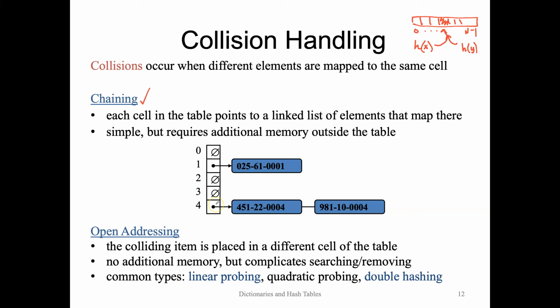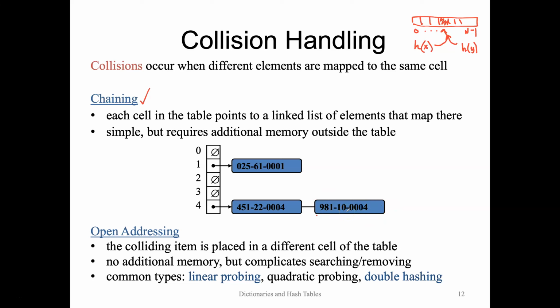For example, if we go back to our employee records hash table, where we had employee records stored based on the last 4 digits of a social security number, and we had two different people who had the same last 4 digits, using chaining, we would just add that other element to the end of our list.